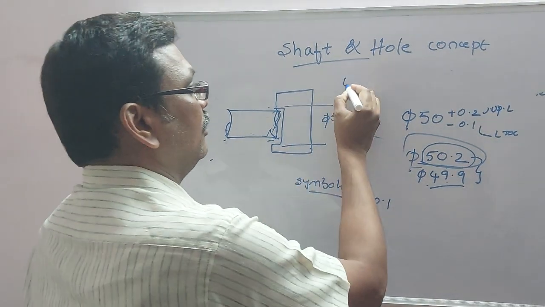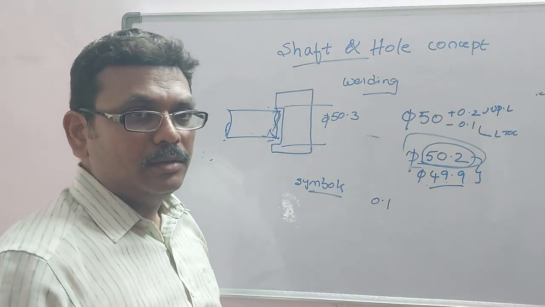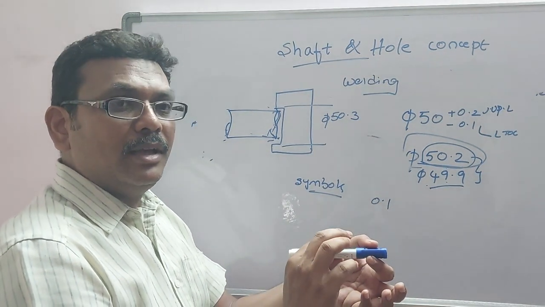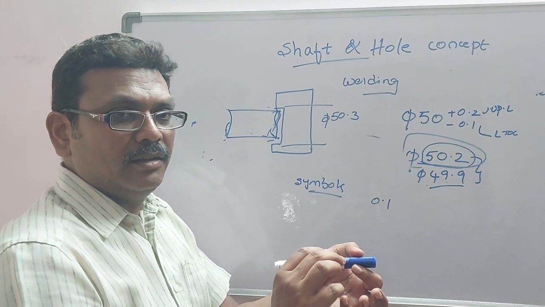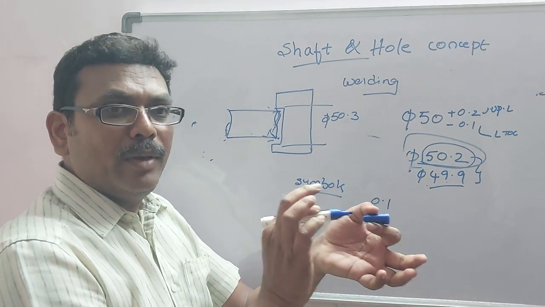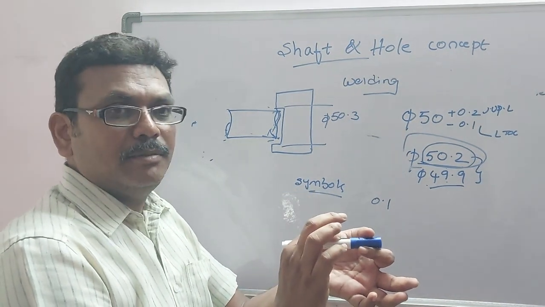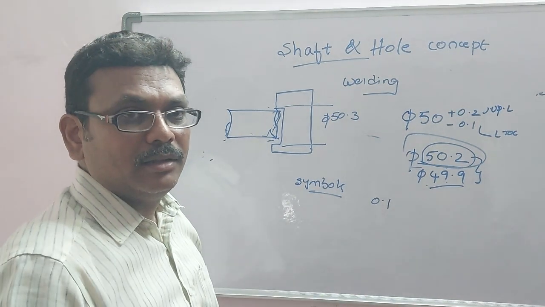An example is welding. To fix that part, we need to apply some set of welding procedures so that this part cannot have any movement after the assembly. If the part is having any movement after the assembly, then it's of no use in making that part.